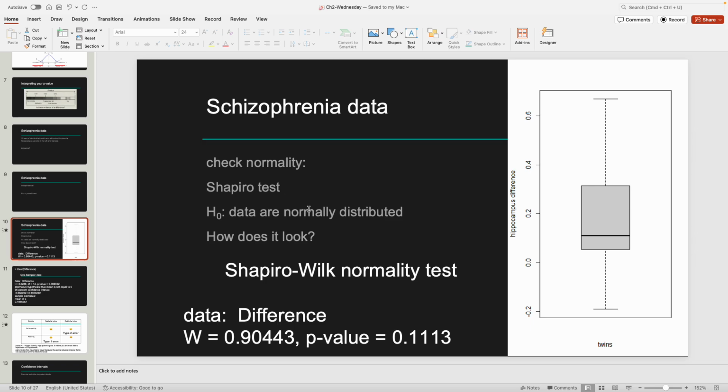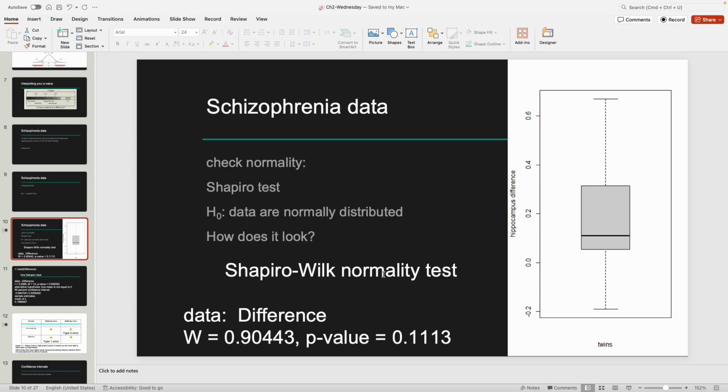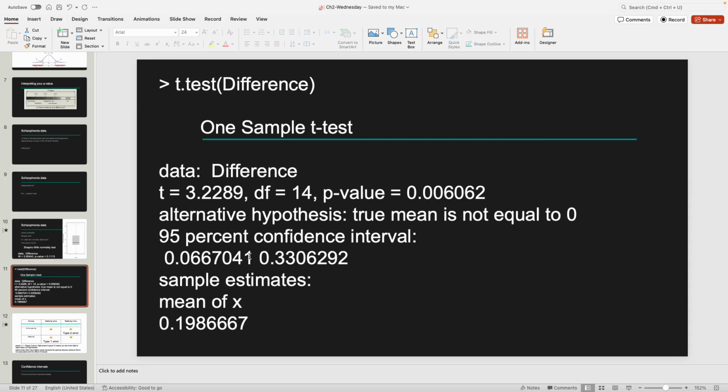When you run this, you'll get a p-value of 0.11, and if we go back up here, it's inconclusive that the data is not normal. So we're going to go ahead and conclude that our data is normal, and it turns out that the median not being in the middle is due to random chance.